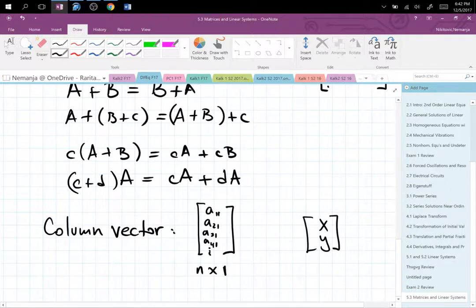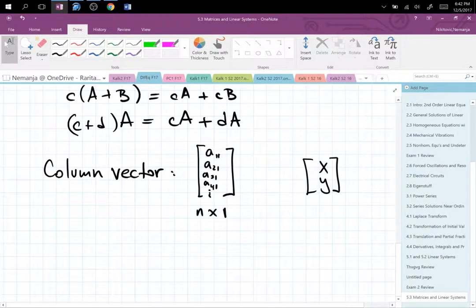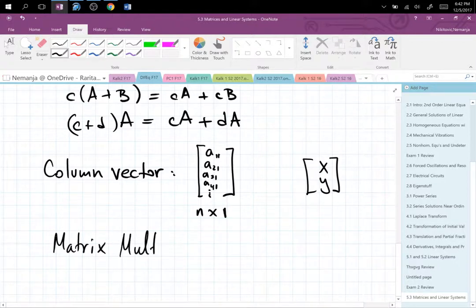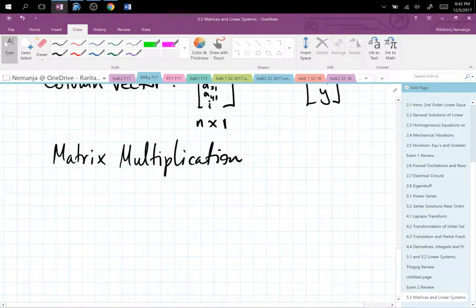Now, matrix multiplication is a bit tricky. Matrix multiplication can be performed only in certain cases. In terms of numbers, we can always multiply. Sometimes you use the calculator, sometimes you're not lazy and you do it by hand, but in general, we can always multiply numbers.